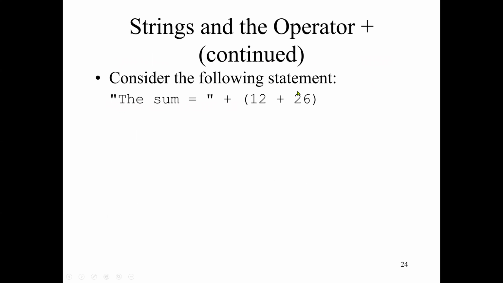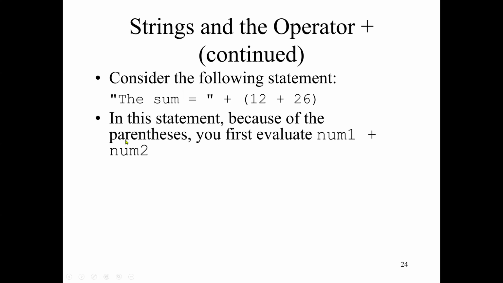Now we should consider the following. So here you can see that we put 12 and 26 in a parenthesis with a plus. So that means to the left of the plus sign is a value 12. To the right is a value 26. So here the plus will act as addition. Because of the parenthesis, you first evaluate the parenthesis.